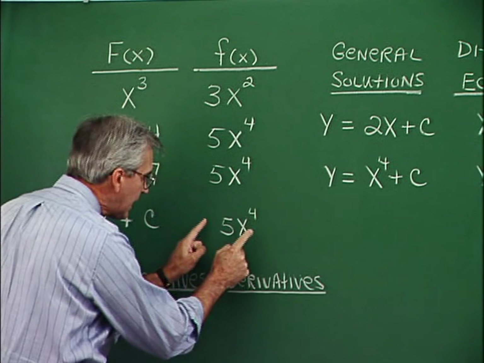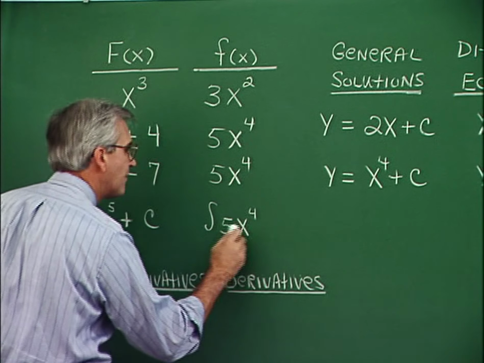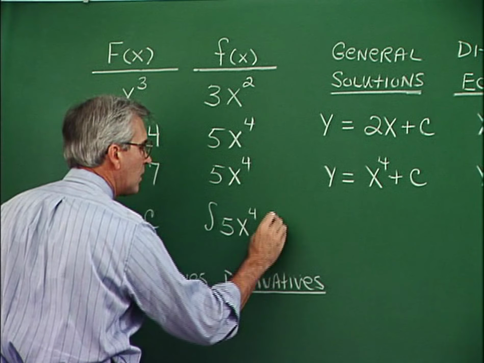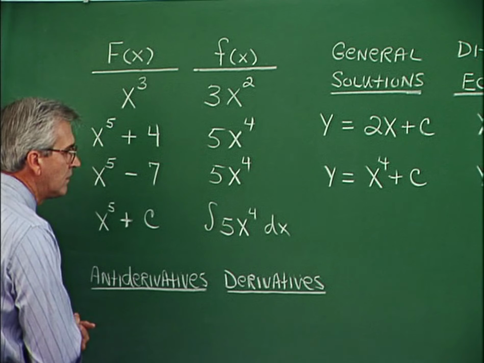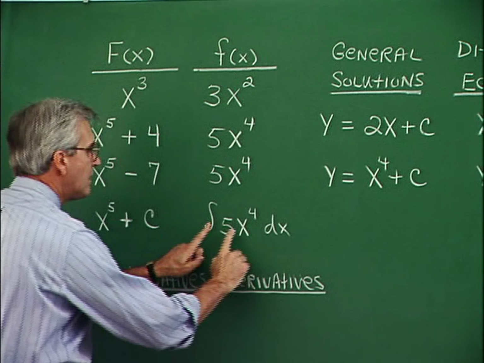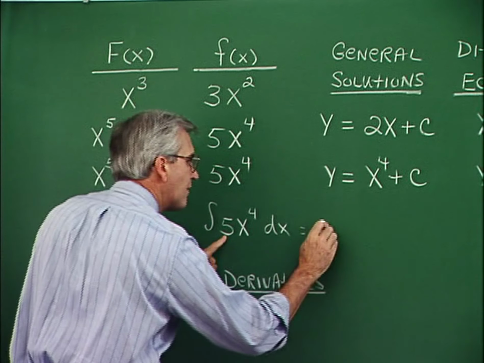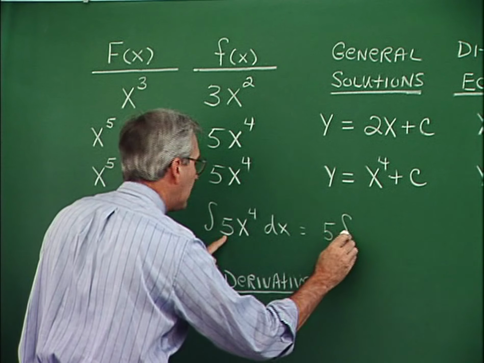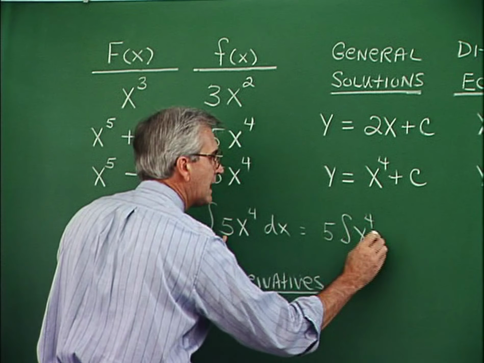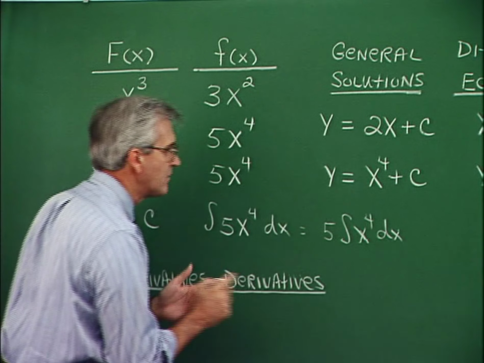We're taking the integral of 5x to the 4th with respect to x, or dx. Okay, now when we do that, I can use the notion of the 5 times the integral of x to the 4th dx, if I want to think about it like this. Sometimes you'll write this, sometimes you won't.